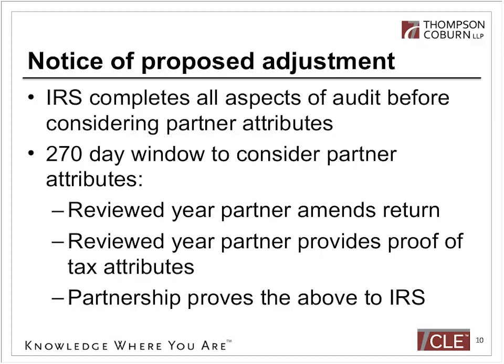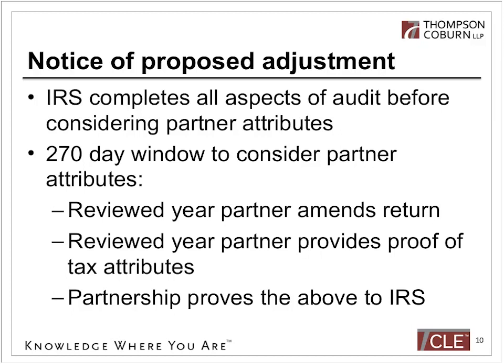So for example, let's say that you had a partnership and 90% of the partners were in the top tax brackets and they didn't have any great tax attributes to take into account. And let's say that 10% did have tax attributes to take into account.